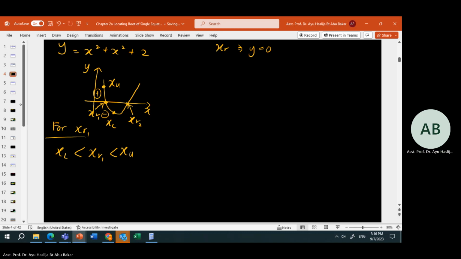Okay, so for the XL over here, you will have Y at XL, and then at XR, your Y is 0. So the XL over here is the negative side, this is the root place, and then the positive side.